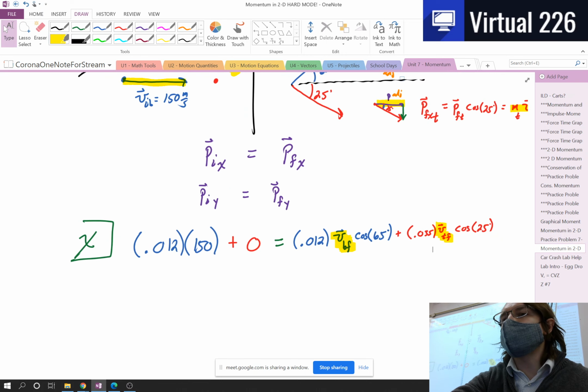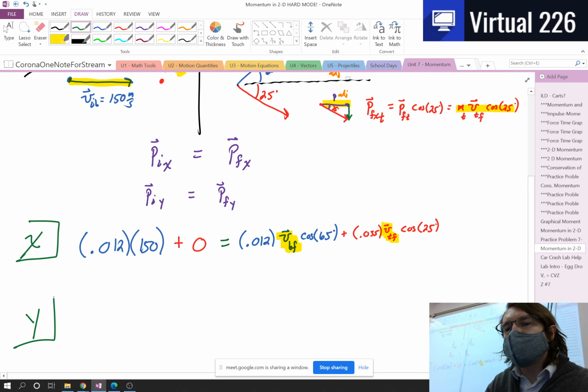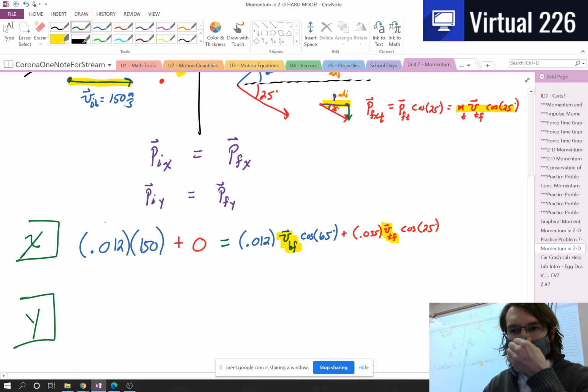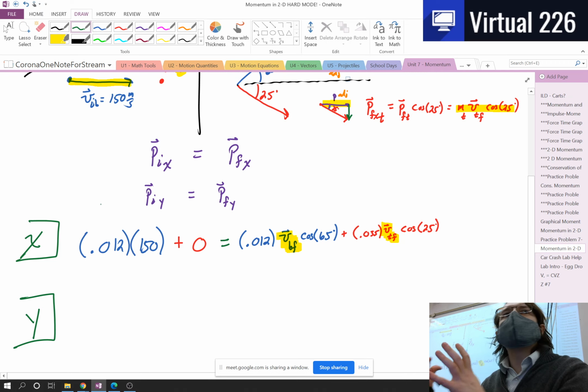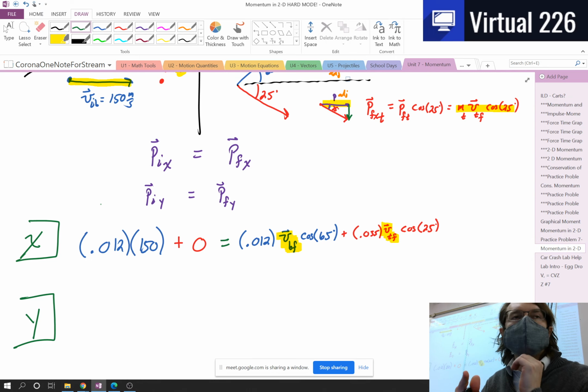And luckily for us, we have one. We just did this equation for the x direction. We still have an equation to do for the y direction. This is our second equation here, and using that, we can start mathematically solving things out. We are still going to say initial momentums equal the final momentums, but we only want momentums going up or down, y directions.